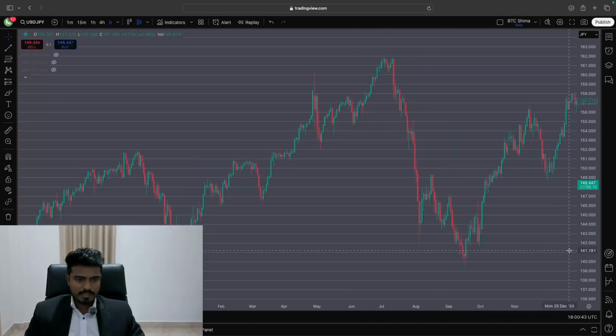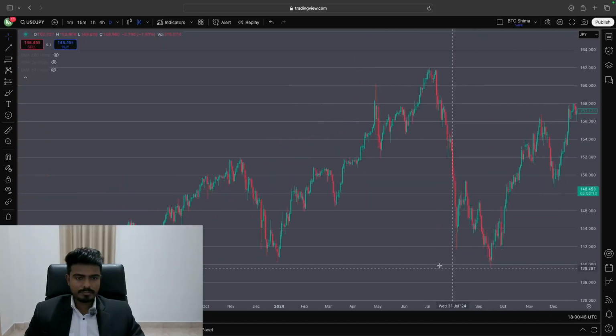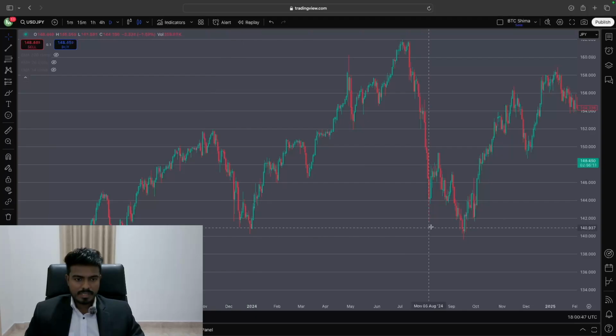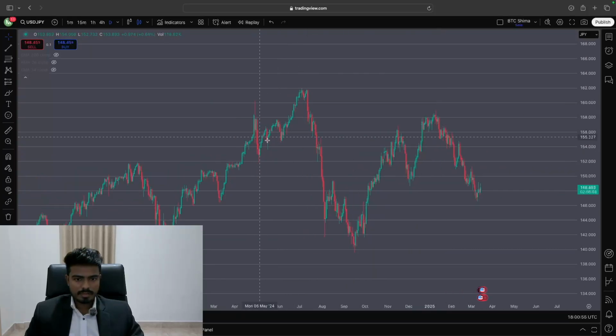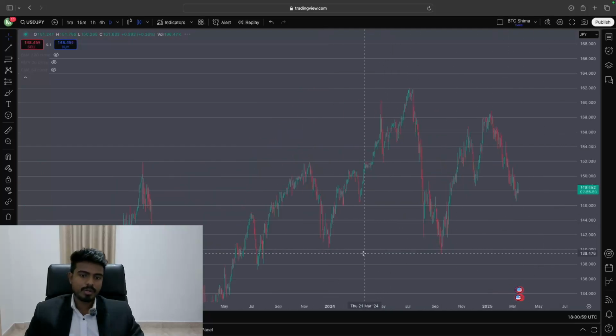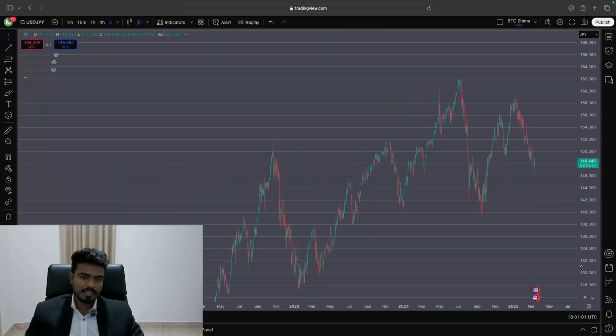As you can see, these lines in this area are called support, and this one is called resistance. First of all we have to understand what the trend is.